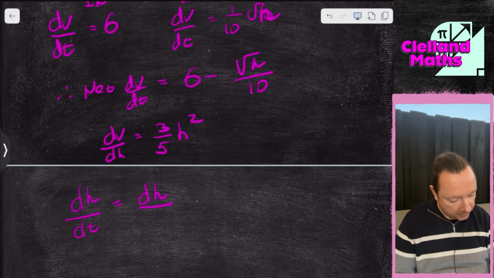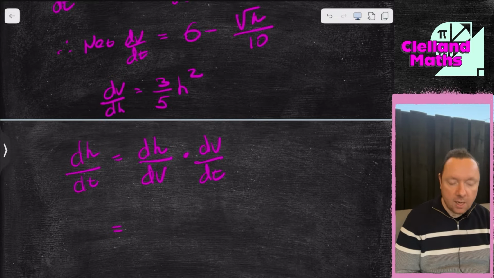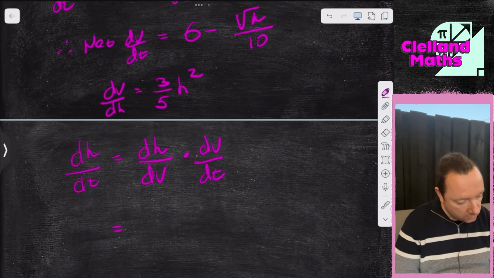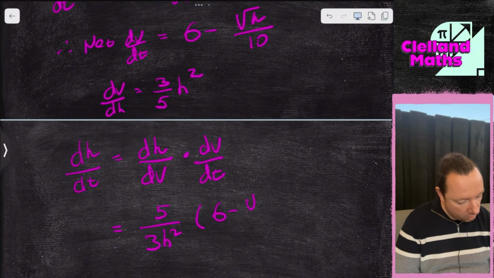So we've got dh by dV there, because we've got dV by dh. And we want to get rid of the dV, so we've got dV by dt. Very careful at this point. We've got dh by dV, which is this upside down. So 3/5 h squared becomes 5 over 3 h squared times dV by dt, which is 6 minus root h over 10.